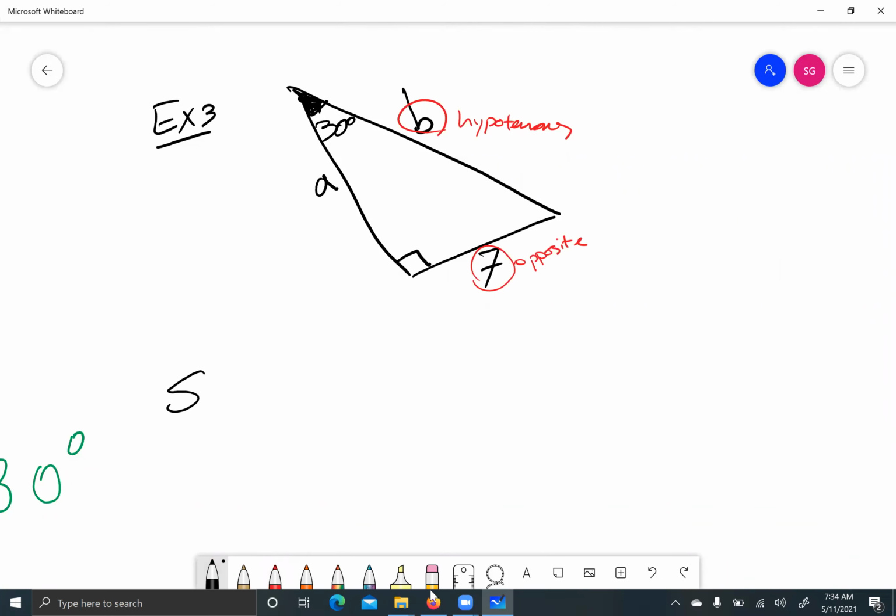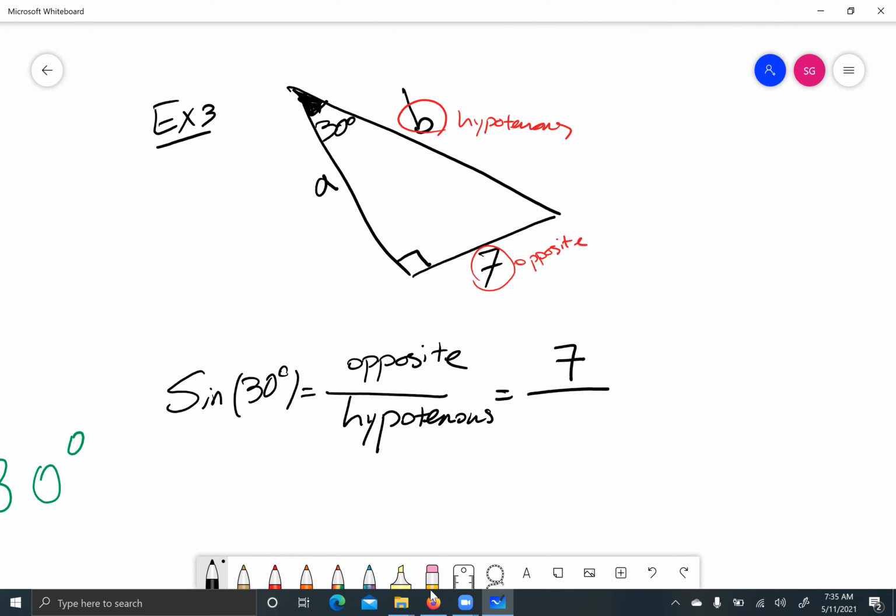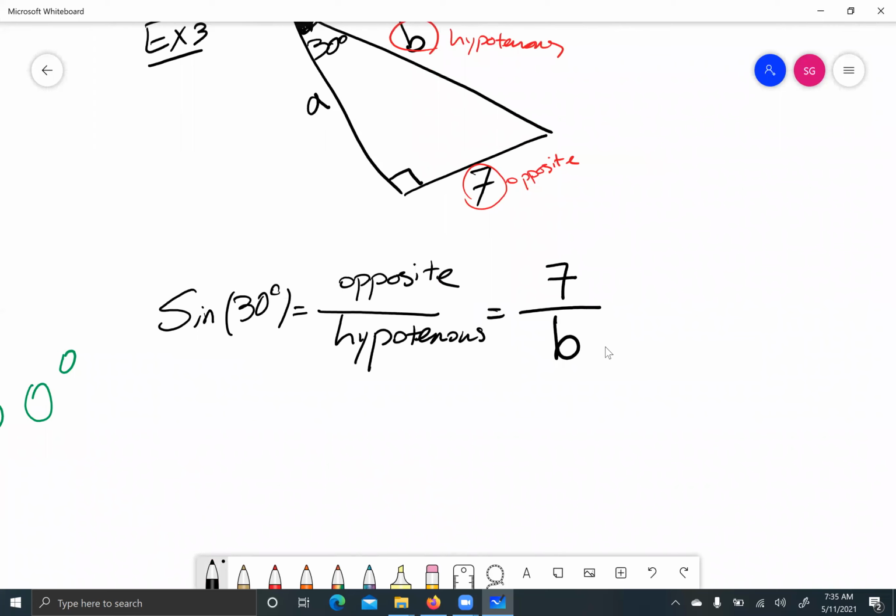Recall that sine is defined as opposite over hypotenuse. In this case, I have the opposite. I don't have the hypotenuse, so I'm going to call it B, but I have the sine of 30 degrees.